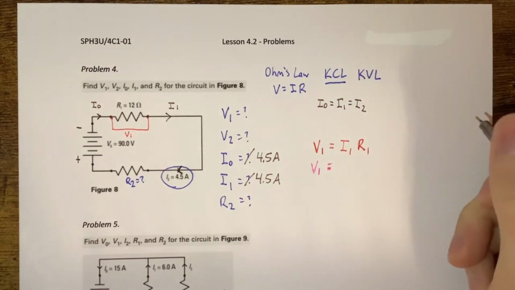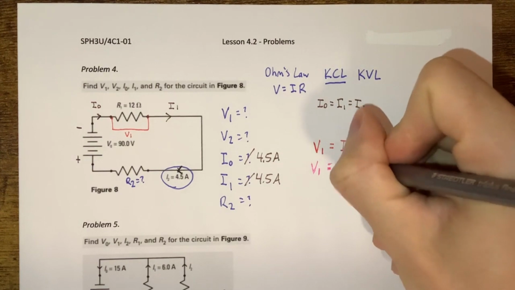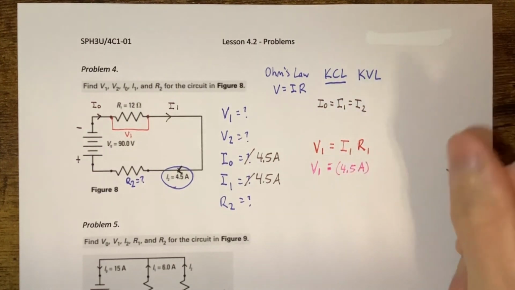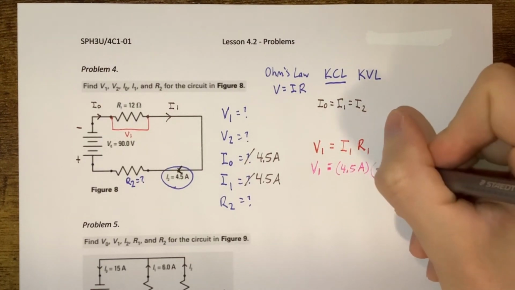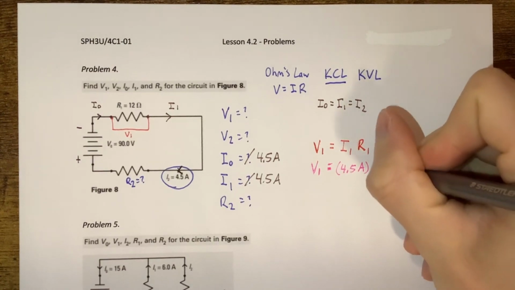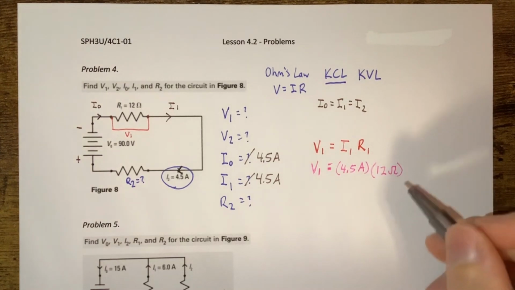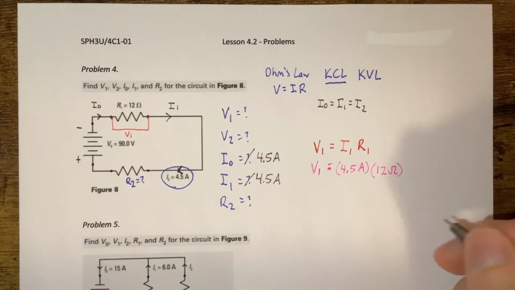Okay, so V1 is going to be equal to 4.5 amps, and we have our resistance here. That's going to be the 12 ohms here. That's just the Greek letter omega. Kind of looks like a little Lululemon symbol, right, for their company logo.